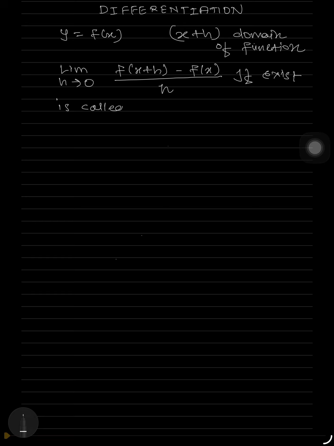Then the definition says that the limit as h tends to 0 of f of x plus h minus f of x upon h, if it exists, is called the derivative of f of x.